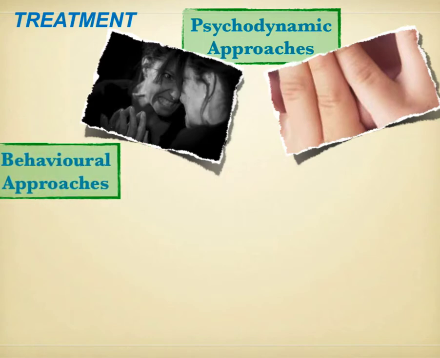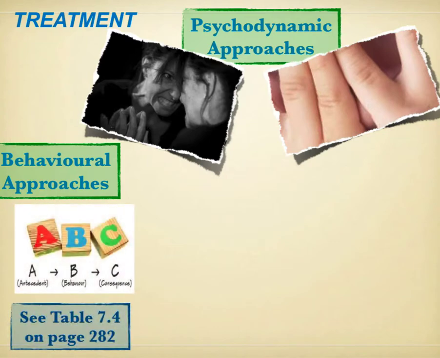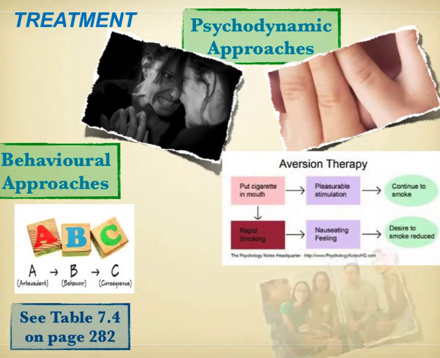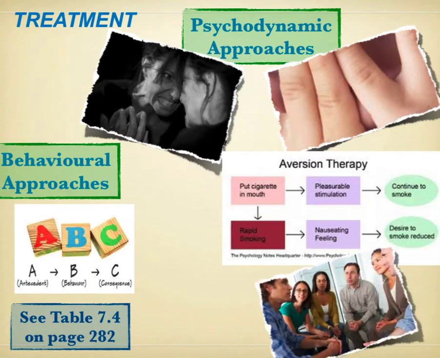The behavioral approach focuses on helping people with substance abuse change problem behaviors through such techniques as self-control training, using an ABC strategy, using aversive conditioning, and skills training approaches, learning alternative ways to deal with those things that are tripping you up towards alcohol or drug abuse.